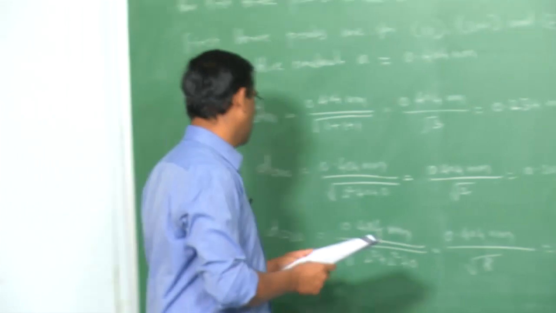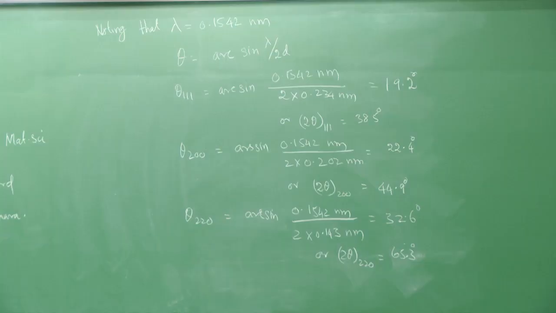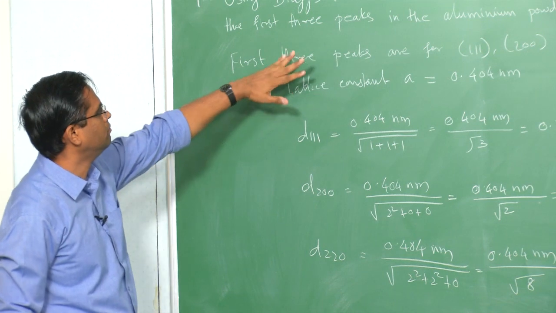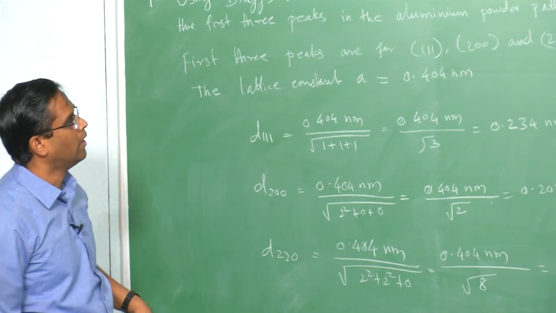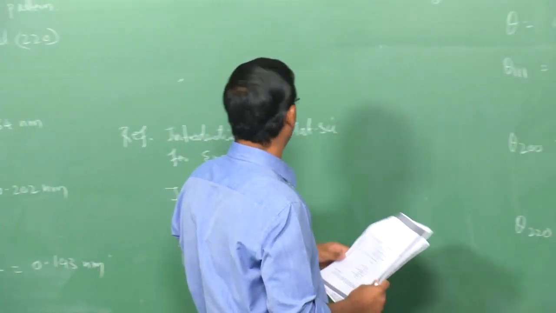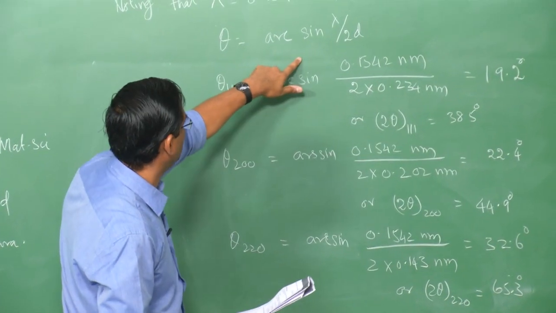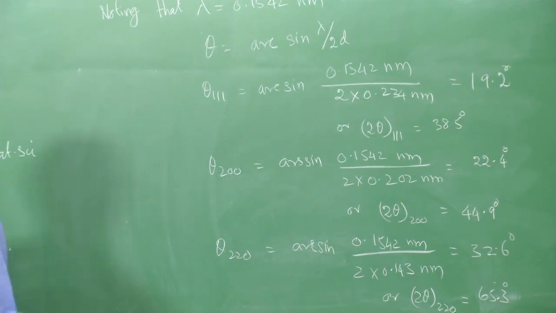So, what we have done is we have taken the first 3 peaks from the aluminum sample, and then we have found the corresponding d spacing, and using that value we are calculating the theta for that specific geometry of the X-ray diffractometer.